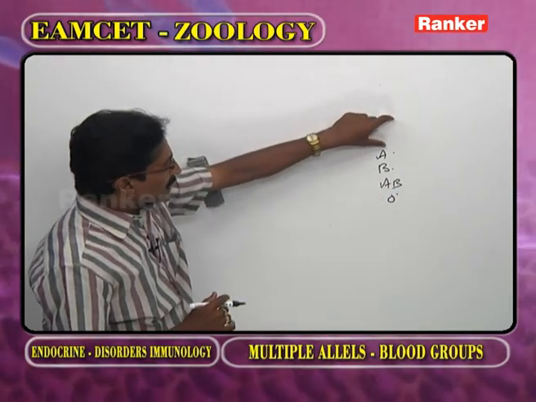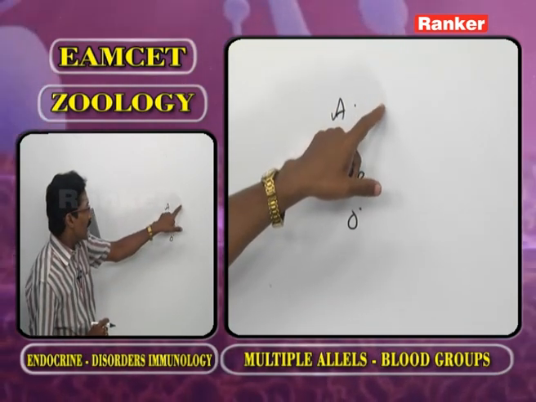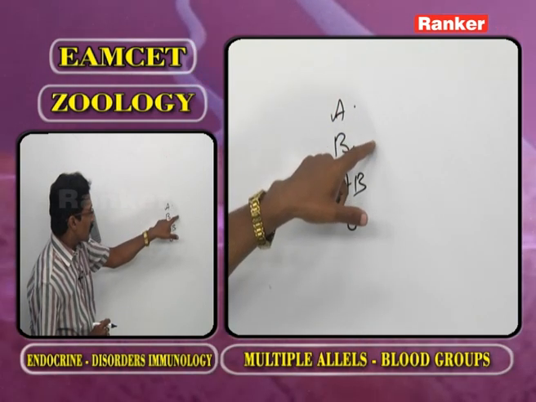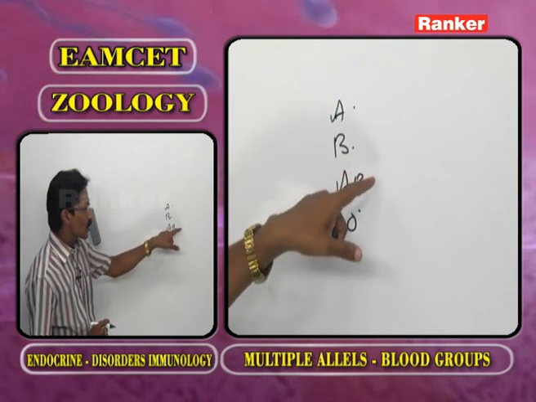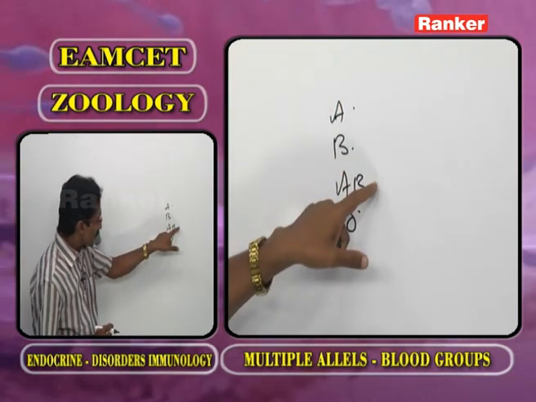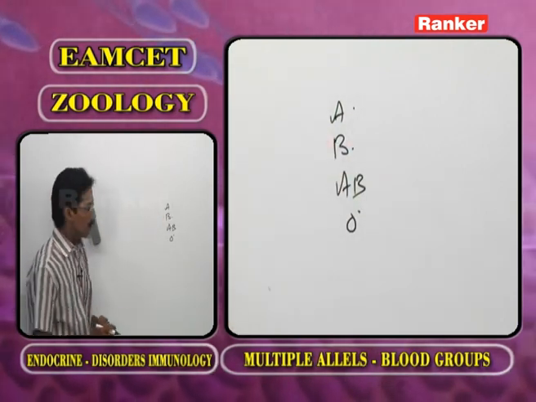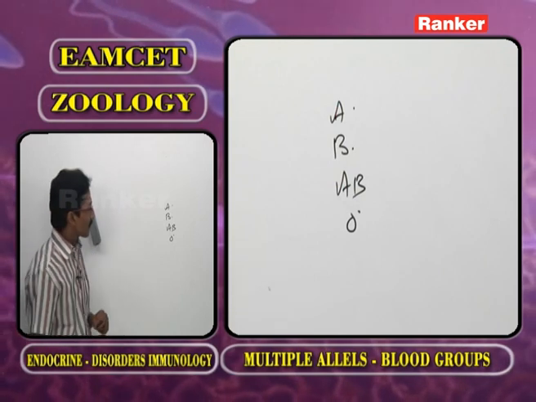Now as we observe the A blood group, it has homozygous dominant and heterozygous. B blood group, homozygous dominant, heterozygous. AB, it is codominant, always heterozygous. And O blood group, homozygous recessive. So phenotypically the number of blood groups is 4.